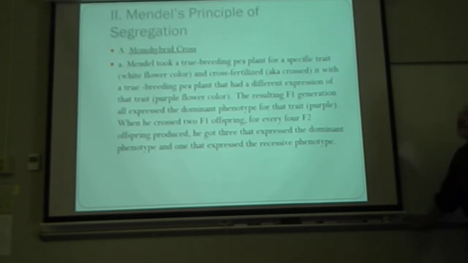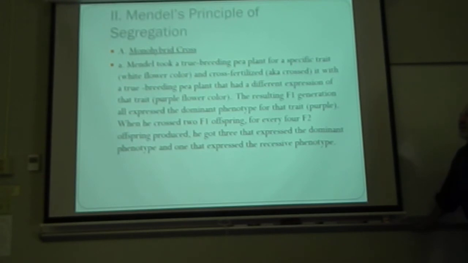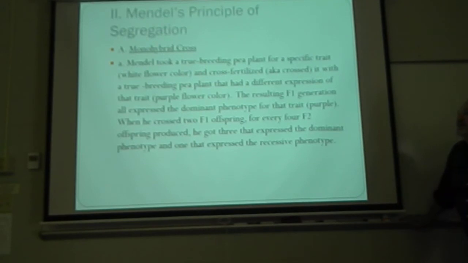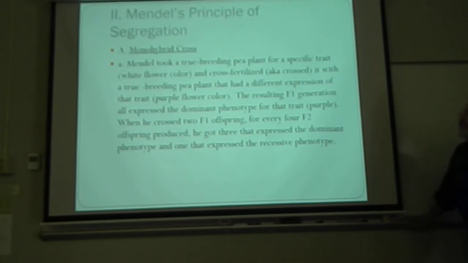Mendel took a true-bred pea plant for a trait like flower color, a specific flower color, white, and he cross-fertilized it with a true-bred pea plant that had the different expression of the trait, which was purple. The resulting offspring in the first generation were all the dominant phenotype for that trait. So they were all purple.